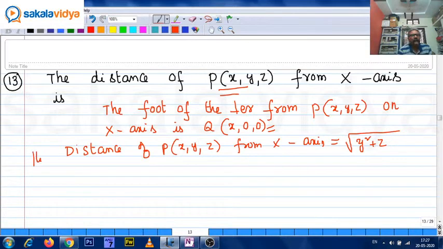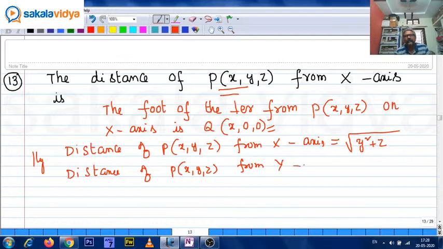Similarly, the distance of P(x, y, z) from the y-axis: y is absent, so you will get root of x square plus z square.